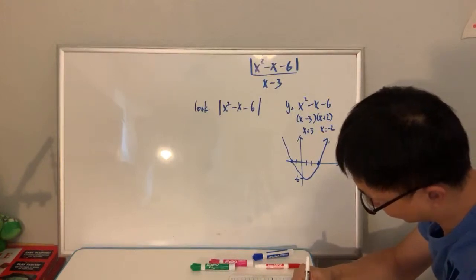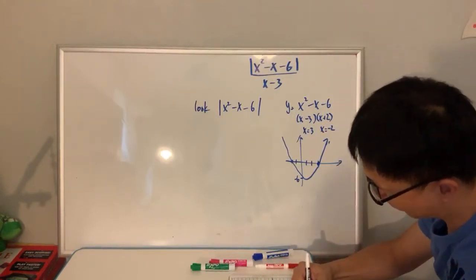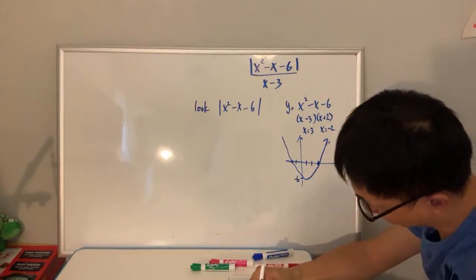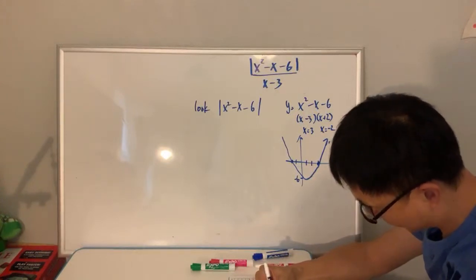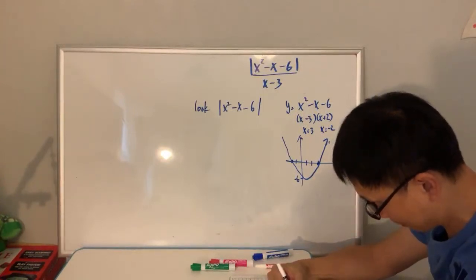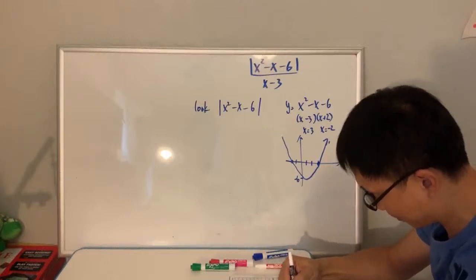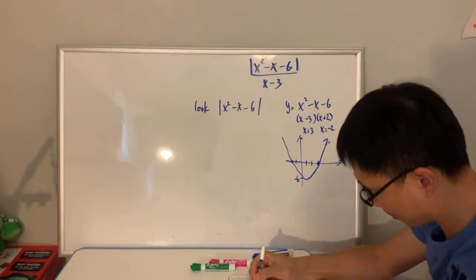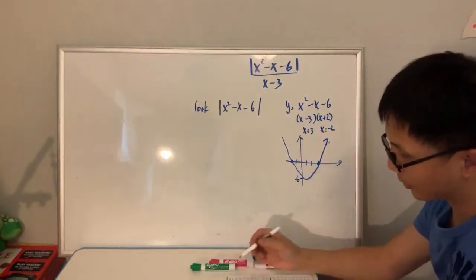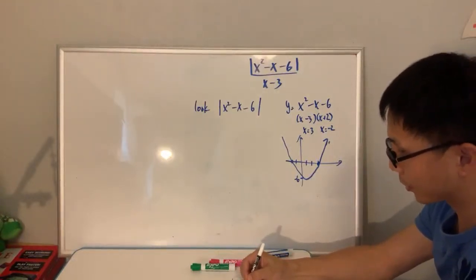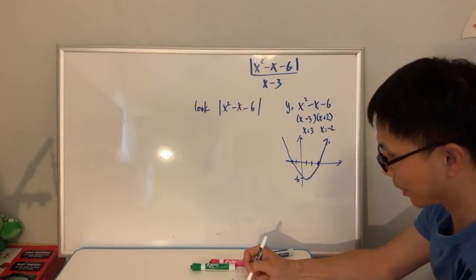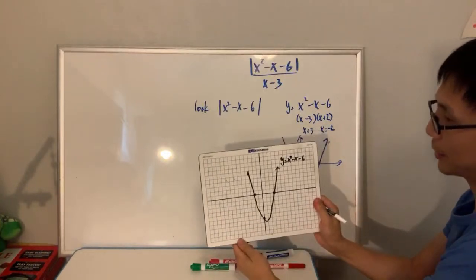The axis of symmetry is probably in the middle, so the graph is going to be like this. Okay, so this graph is y equals x squared minus x minus 6. So it looks like this.